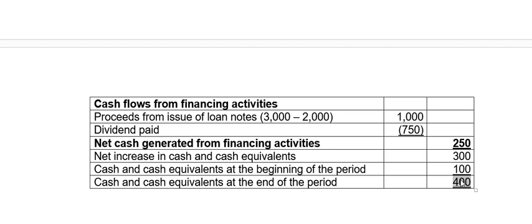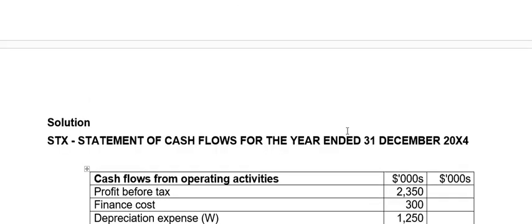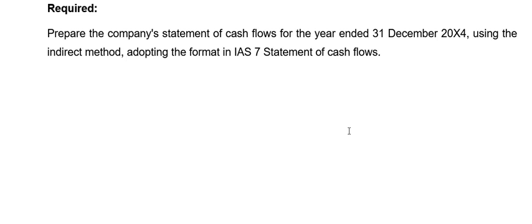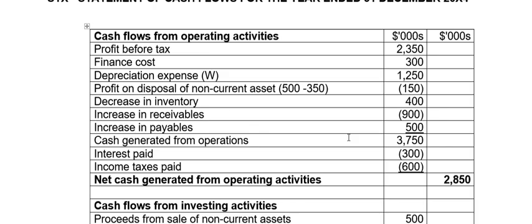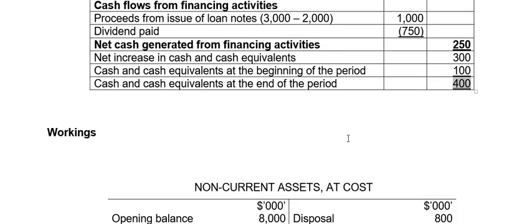You always have to read the requirements, noting the year-end date. Don't forget that the statement of cash flows has the main sections: operating activities, investing activities, and then financing activities. We have to look at the cash and cash equivalents, the balance brought forward, the balance carried forward, and the movement, of course.